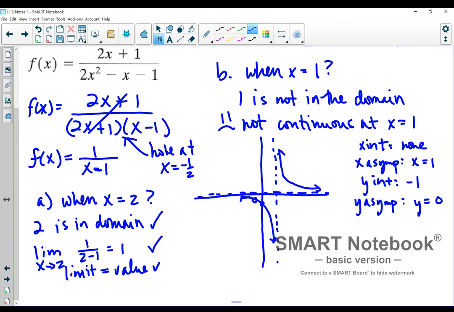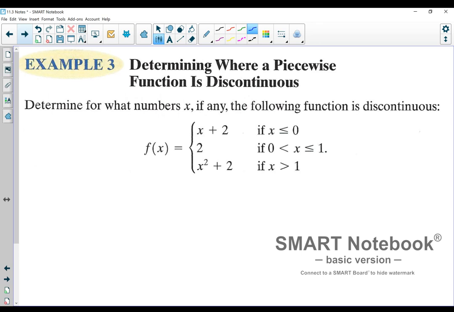At x equals 1, I actually have an infinite discontinuity. One part of my graph goes up to positive infinity, the other part goes down to negative infinity when x equals 1. So no wonder 1 was not in the domain. We always want to have a picture in the back of our heads when we're looking at these problems. That's the real key today.